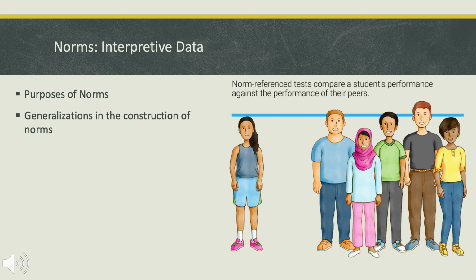Okay, so now we're going to talk about norms. I want to talk about the three main purposes first. The first main purpose is that when developing the tests, the publishers use the normative data to help us have a familiarity with the scale for the test.